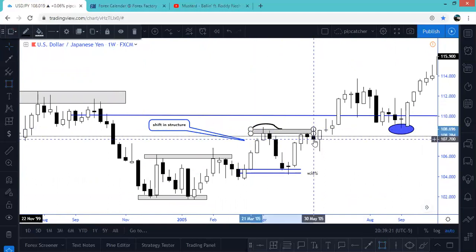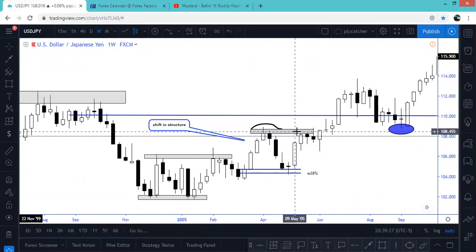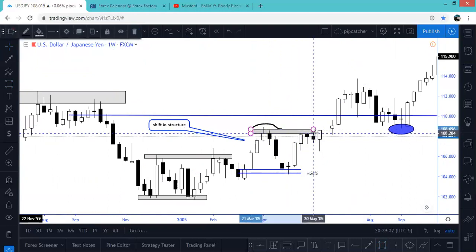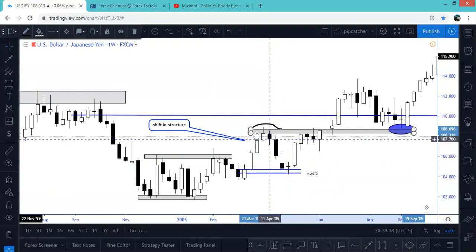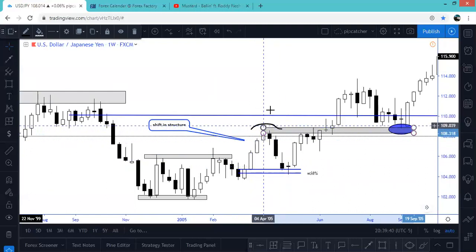See how there were two down scenarios right here? So you could call this equal highs. And then look what happens, where it goes. Remember that last up candle before this down move that got broken through?